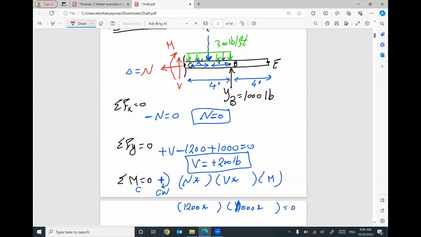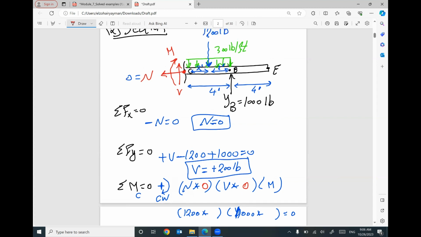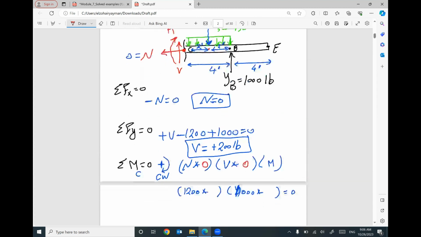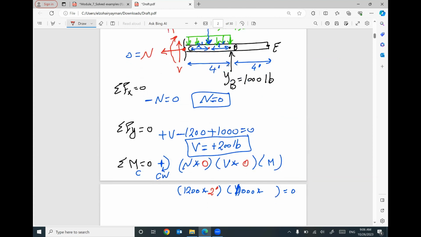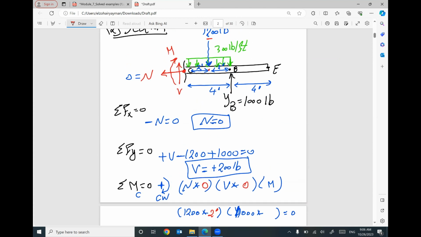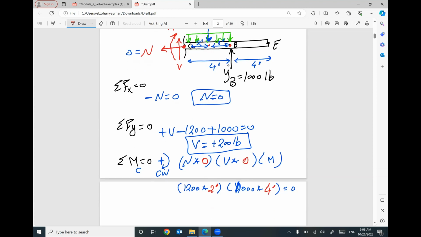The distance between capital N and C is 0, capital V and C is 0, M does not need distance. The distance between 1200 here and C will be 2 feet. The distance between 1000 at B and C will be 4 feet. This term and this term will be 0.